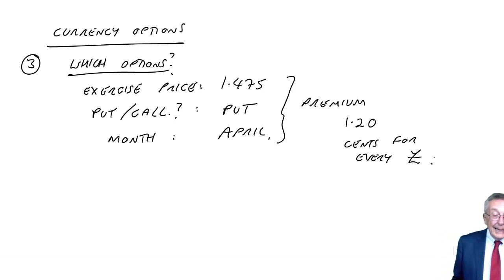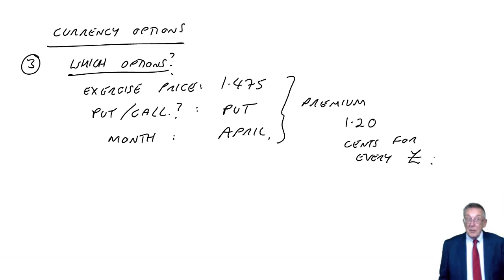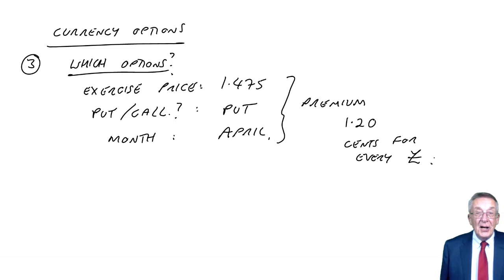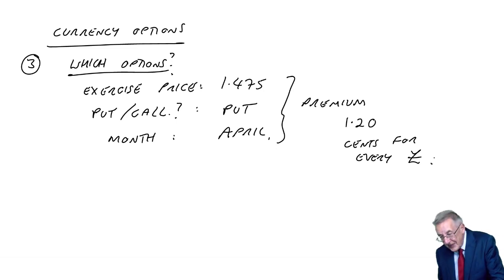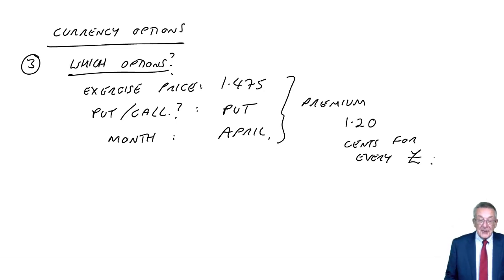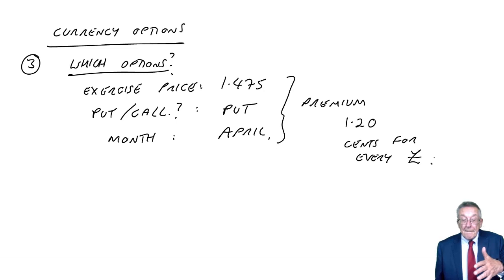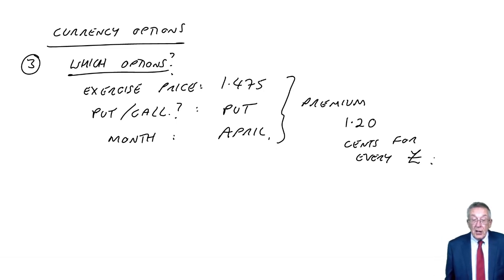But we've got a problem. Well, it's a problem we can solve easily enough. First of all, we want the option on $1 million, but the premium is quoted on pounds, so we do need to convert to calculate it. But secondly, whatever the pound equivalent is, it has to be in fixed size contracts.